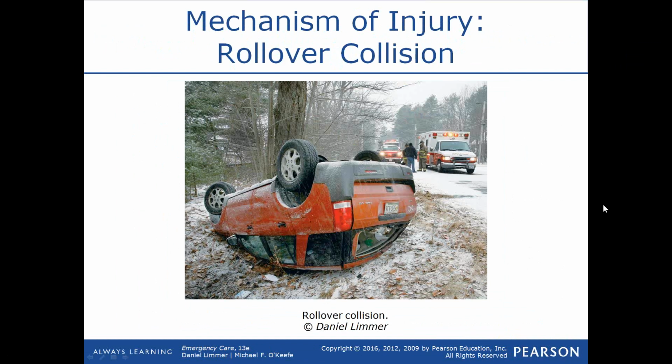There's a rollover. Each time the vehicle rolls over, that's an impact. So if somebody tells you it rolled end for end 3 times, that was 3 separate motor vehicle collisions. Or if it rolled over 5 times, that was 5 separate motor vehicle collisions that the person inside there had to absorb.